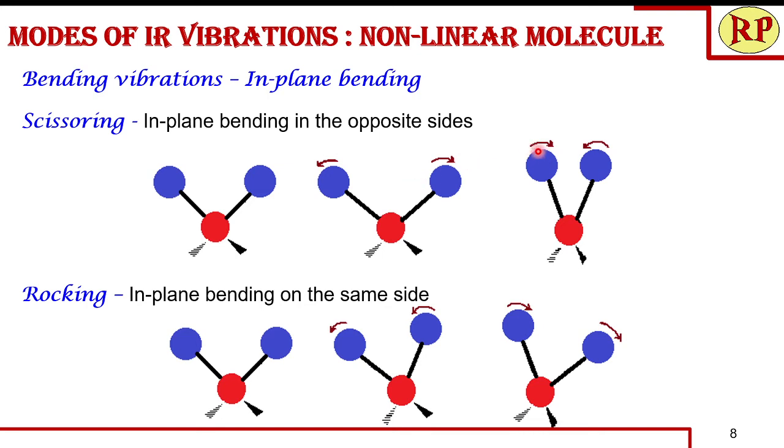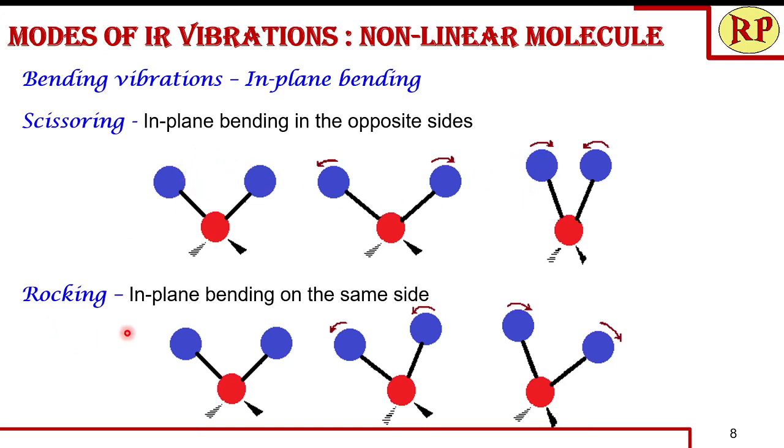So here you can see, when this moves towards the right hand side, this moves towards the left hand side. So this way alternately opposite side bending will take place, and it will look like a scissoring action. So we call this type of bending scissoring. When one atom moves towards the left hand side, the other atom will be moving towards the right hand side, and vice versa. This we call scissoring.